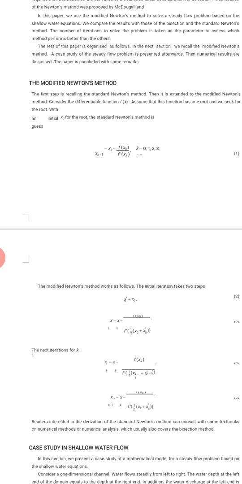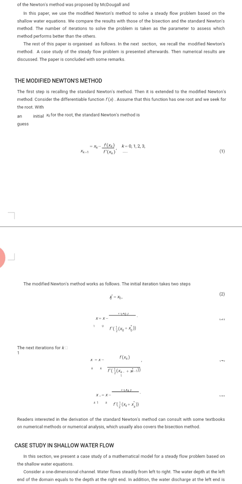Modified Newton's method. The first step is recalling the standard Newton's method. The formula for the standard Newton method is x_{n+1} equals x_n minus f of x_n divided by f dash of x_n, where n starts from 0 up to infinity. Then it is extended to the modified Newton's method.